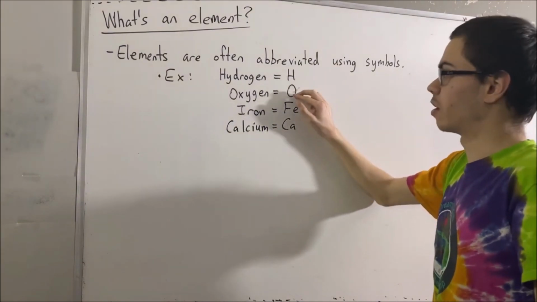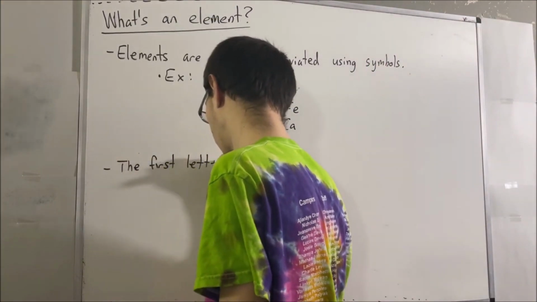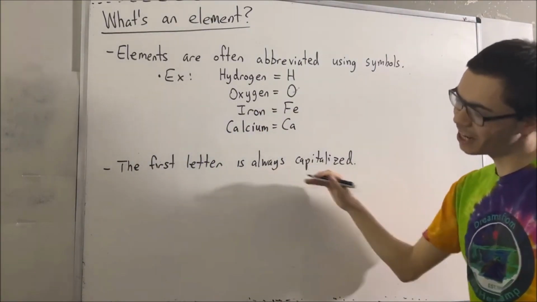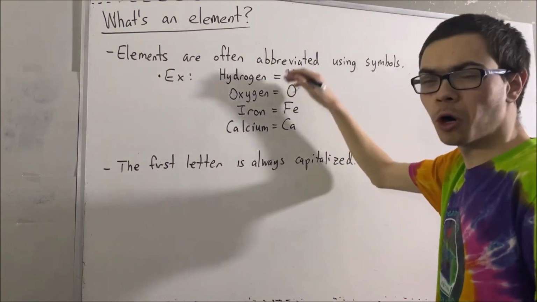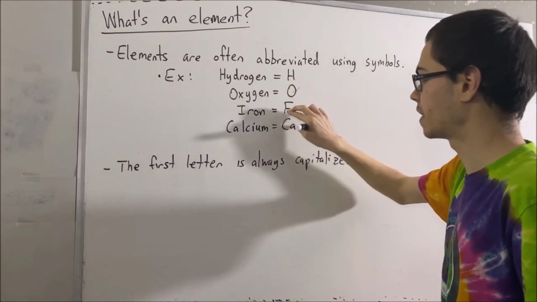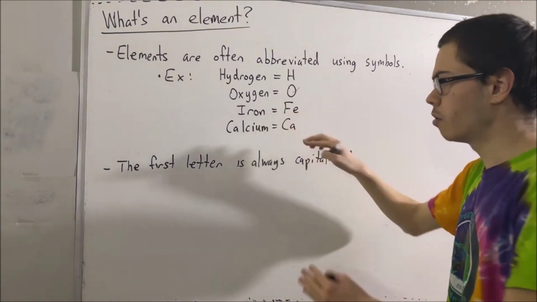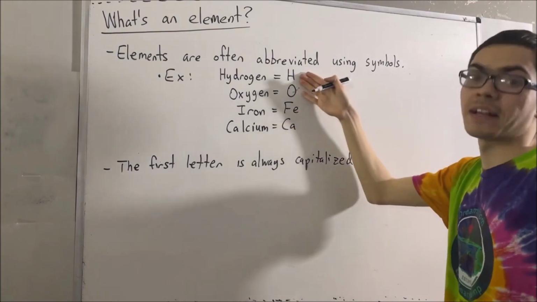The first letter is always capitalized. Right? And we see that that's true in all these examples. The first letter is capitalized in all four. Now, we may or may not have a second letter.